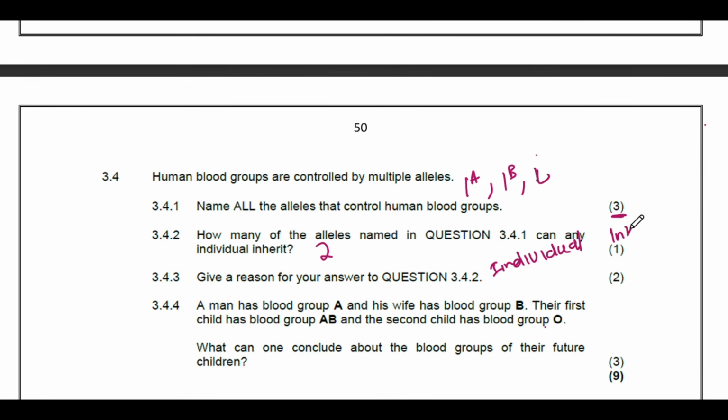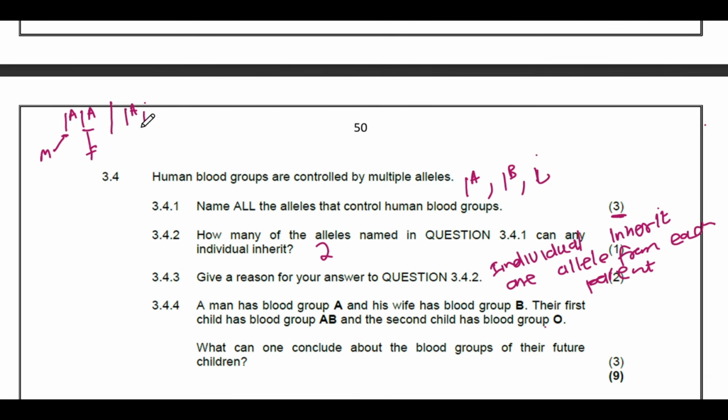Individuals inherit one allele from each parent. So if you are blood group A, for example, the possible genotypes for blood group A are either homozygous blood group A or heterozygous blood group A. For homozygous, you inherited IA from each parent, so IA from the mother and the other IA from the father.